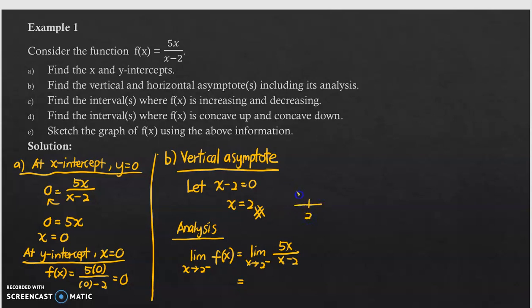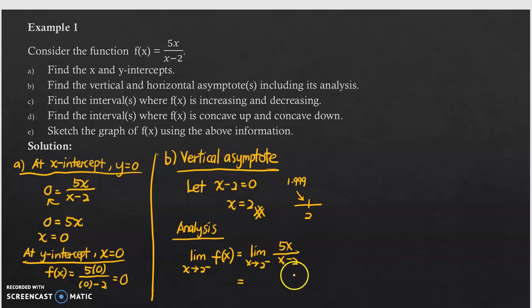Let's say we substitute a value that is very close to 2, for example 1.999. This is quite close to the value of 2 from the left hand side. You can use your calculator to substitute.